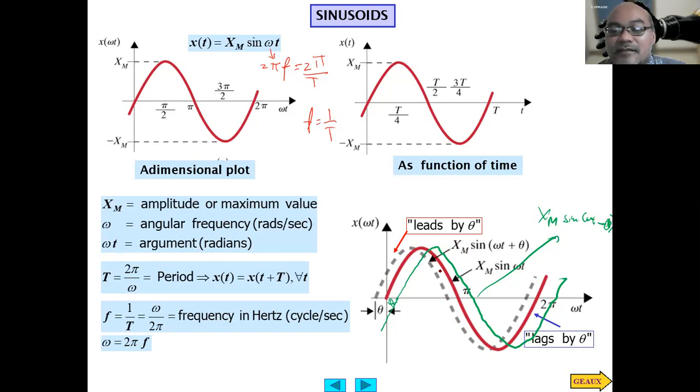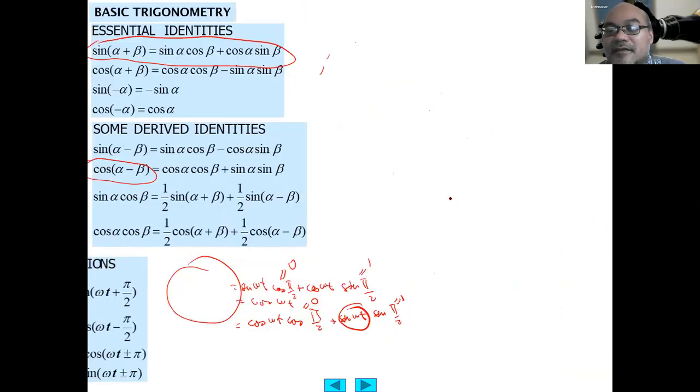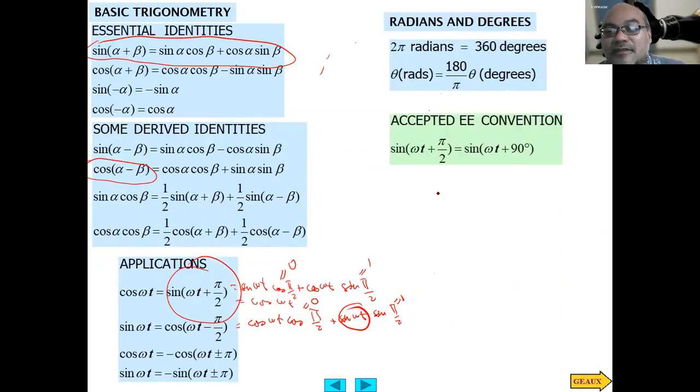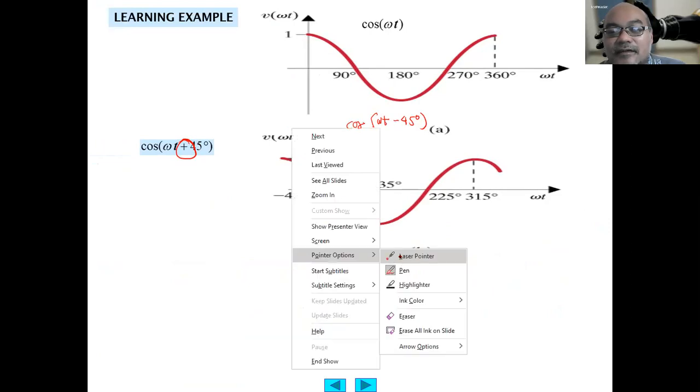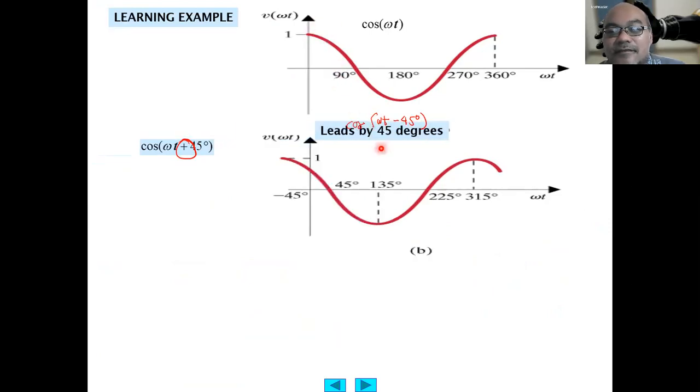The green one is lagging the red one, so we wrote it as xm sin omega t minus theta. Using that principle, this one will be cosine omega t plus 45 degrees, because the B wave is leading compared to the A wave, by 45 degrees. It can also be written as cosine omega t plus 45 minus 360.